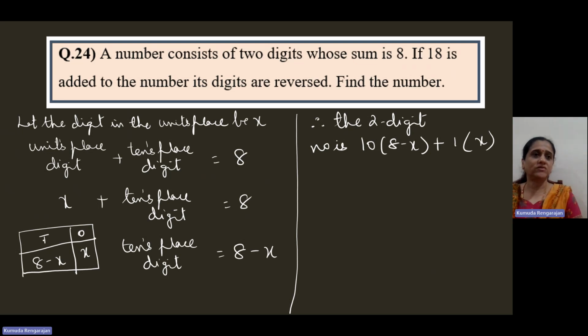Multiply the digit with the respective place value. The digit is 8 minus x, into 10. That's what I've written here: 10 into 8 minus x plus x into 1. I've written the place value and then the digit. You have to multiply the place value and the digit in that place.